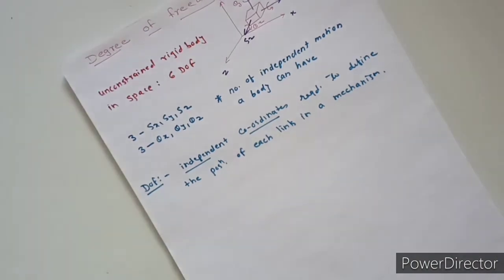So for mechanisms, we can define degrees of freedom as number of independent coordinates required to define the position of each link in a mechanism.